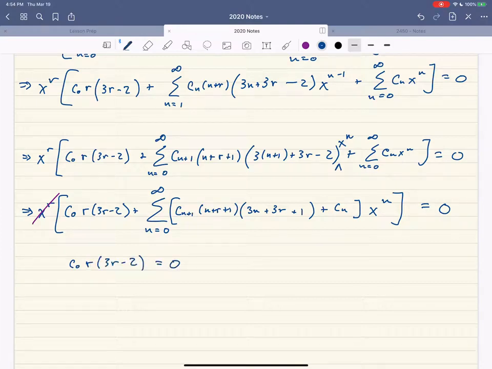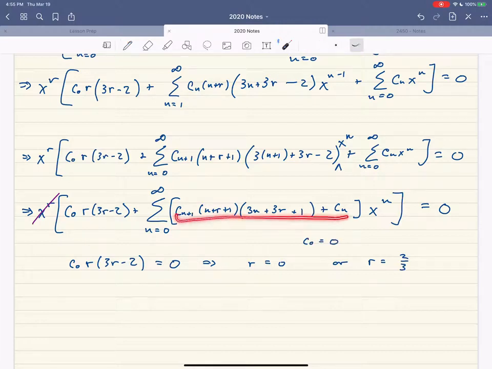That means either r is 0 or r is 2/3. Technically, there's a third case: c naught could be 0, but if I plug that into this recurrence, it would just tell us that y equals 0 is a solution, which we already knew. So we don't get anything new from c naught being 0.